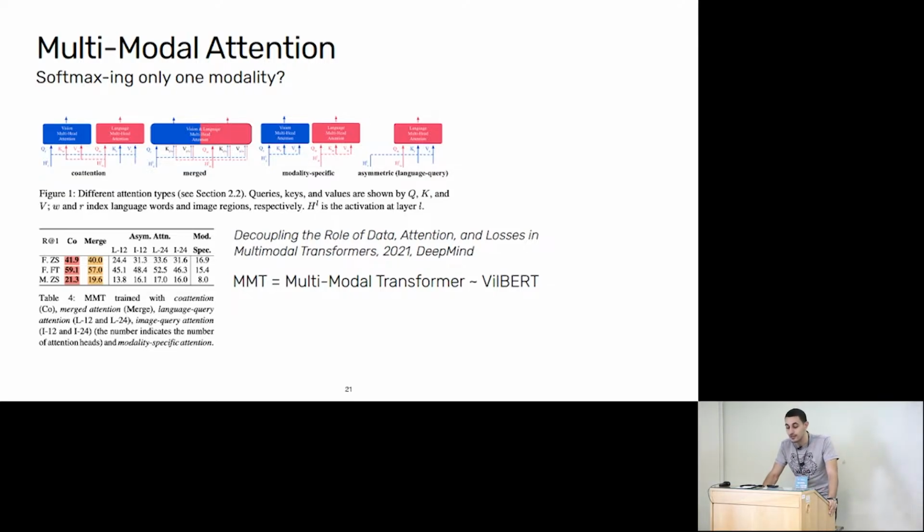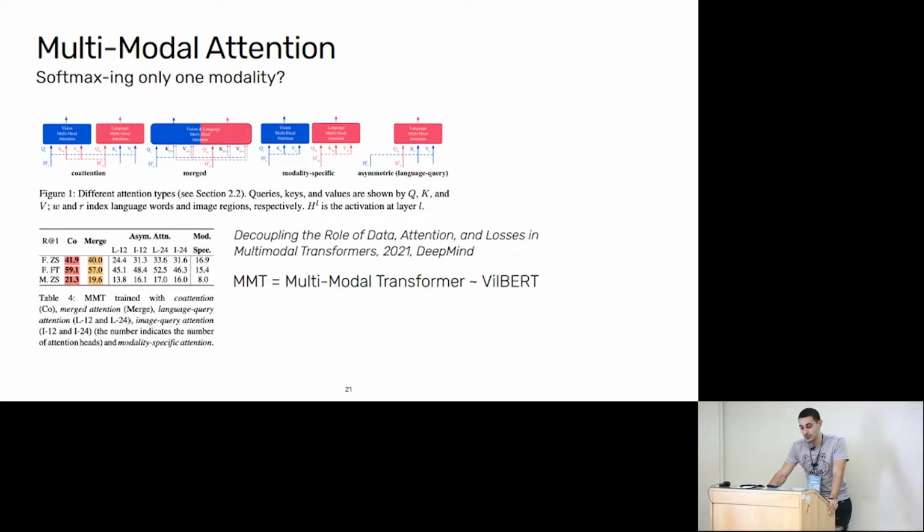That's when every token in the sequence, both visual and textual, is provided as input into the same layer, and the attention is applied across all combinations, all pairs within the same layer. So every visual token attends every textual token, and every textual token also attends both visual and textual tokens.